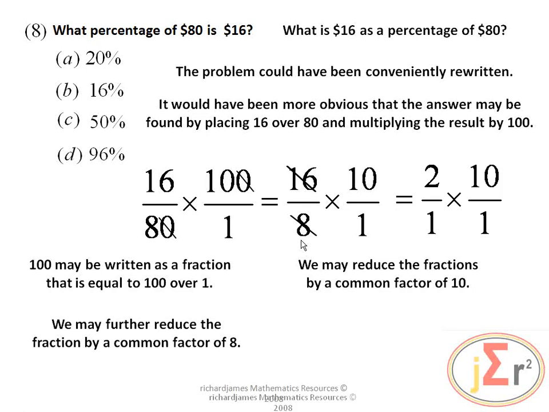And that is our reduced fraction. The answer is therefore option A. So we have 2 multiplied by 10 is 20, and here we have 1 multiplied by 1 is 1. 20 divided by 1, the result is 20. And that is represented by option A.